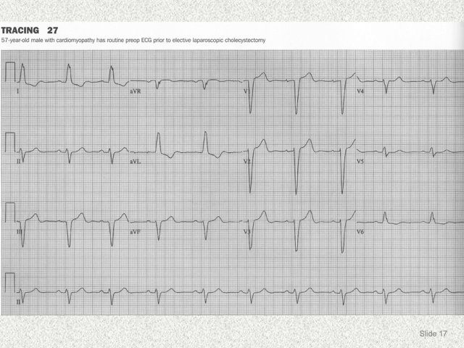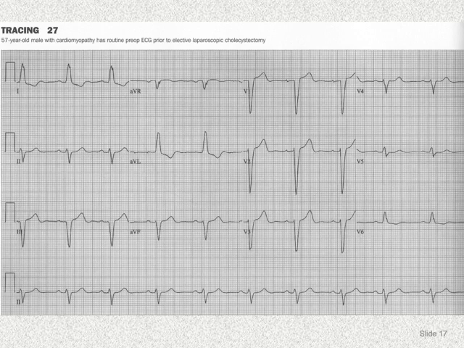QRS duration, as we see here, is actually 3 small squares or 3.5 small squares. So this is a normal PR interval with a wide QRS. In this case, when we have a normal PR interval and wide QRS, we have a bundle branch block. We'll see where the M-shaped pattern is. We see this M-shaped or large area in V6 here. This is the M pattern, and also in lead 1.